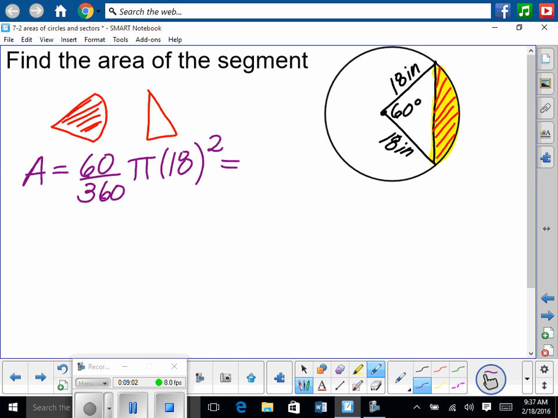So 60 times 18 squared divided by 360 is 54 pi. Does everybody understand how the area of the sector is 54 pi? The whole thing filled in would be 54 pi.